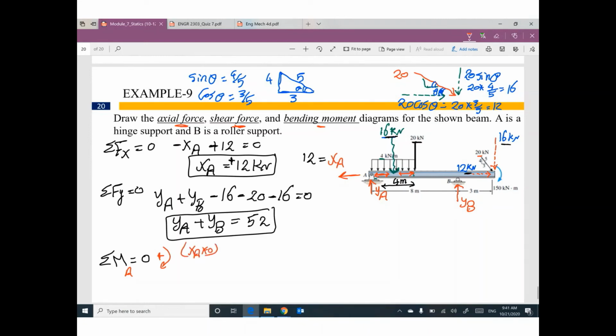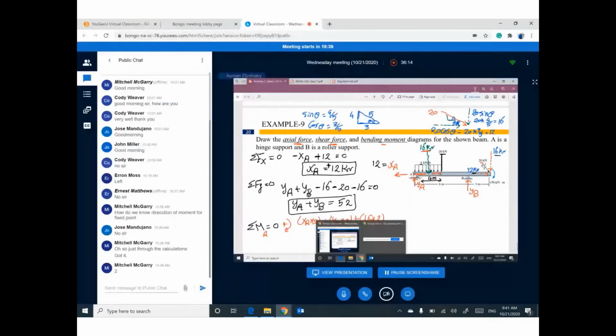I am here at A. YA times 0. The next one, 16 times what? I'm talking about this 16. Please be careful. 16 times this little distance. Yes, how much? 2 meter. Thank you, Mitchell.